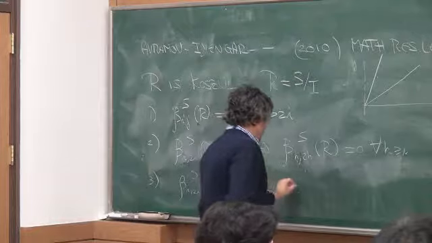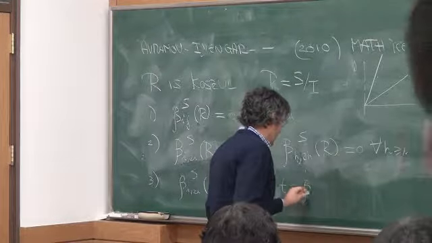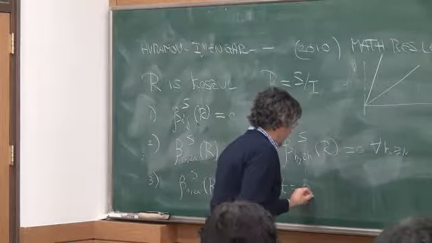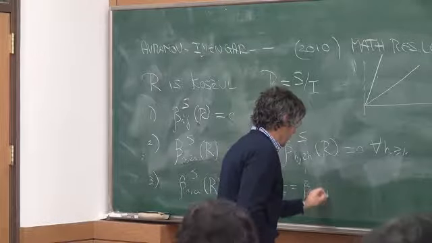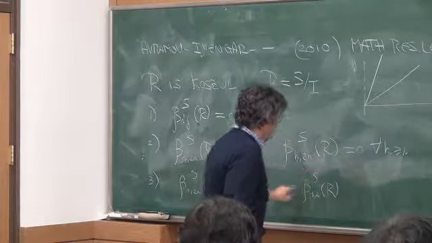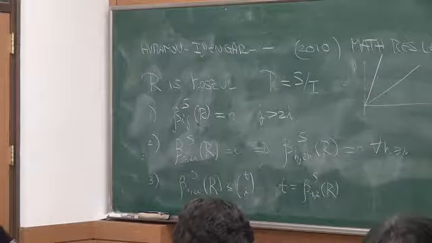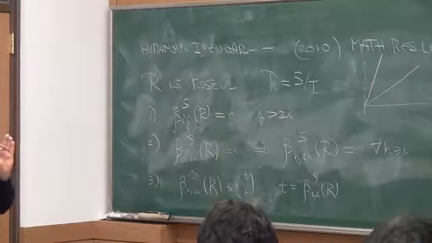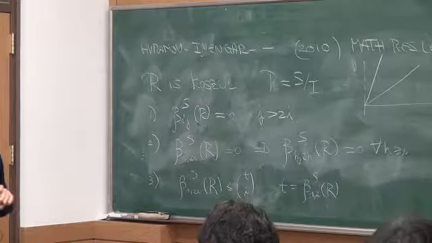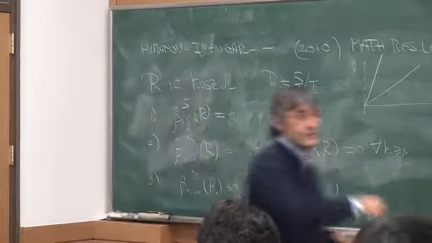This is, if you want, beta 1,2 of R, so the number of generators of the ideal which defines R. So along this top line, the total Betti number is bounded by this binomial coefficient. This is the statement here.